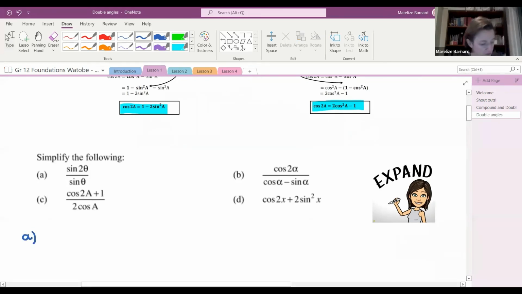So sine of 2 theta. Immediately we must see the 2. So anything that's a double, like a 2 theta, 4 theta, anything that can be doubled, basically all the even numbers, you must immediately think double angle.